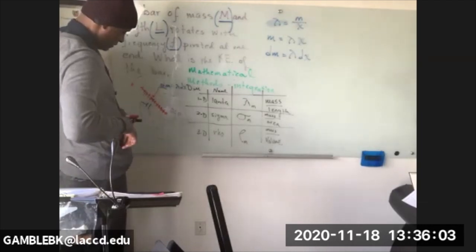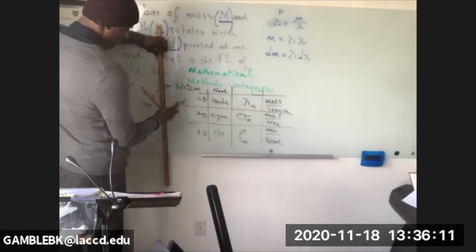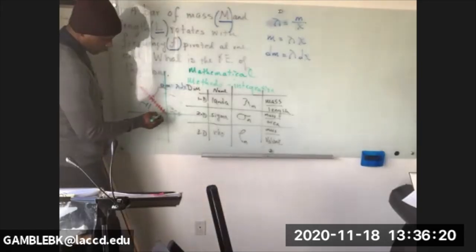So if I superimpose a coordinate system like here, the thing is rotating about some coordinate system, right? Now I say x, I guess I'd have to use r, the position vector.